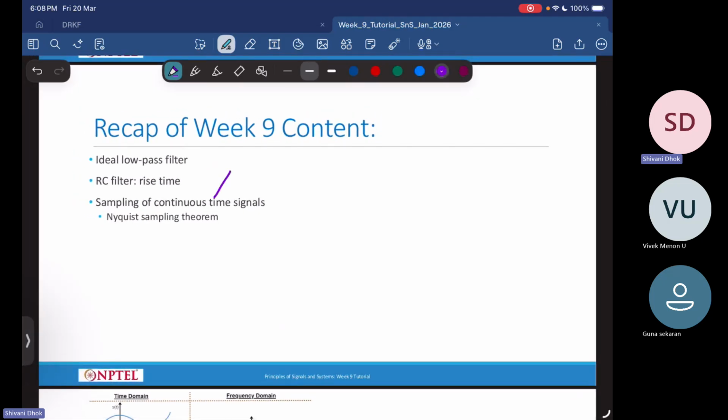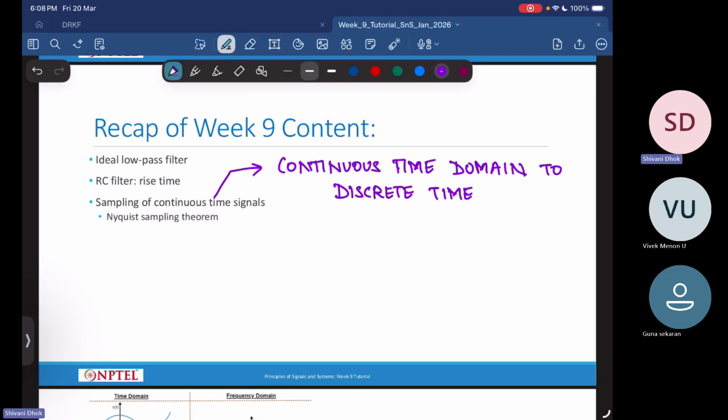Sampling of continuous time signals moves you from the continuous time domain to the discrete time domain. And then we saw the very basic or very crude way of doing sampling, and that is impulse train sampling.